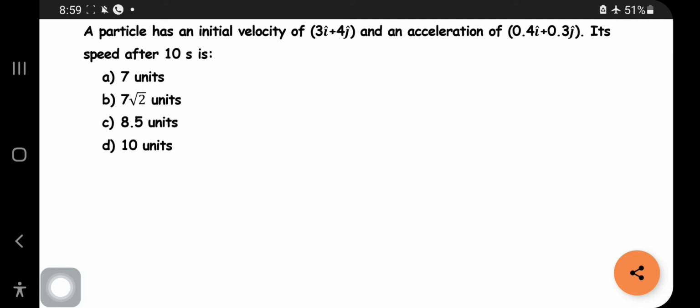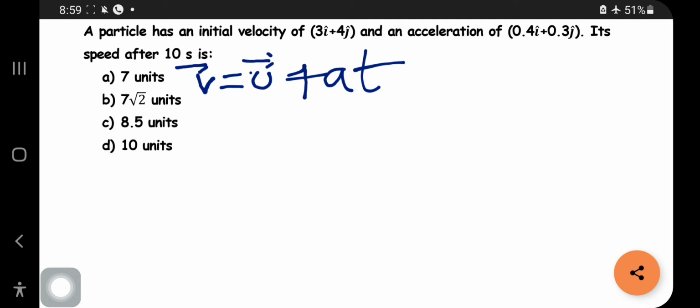For this you should use v is equal to u plus at, which means final velocity. v, u and a are vector quantities, t is something normal.